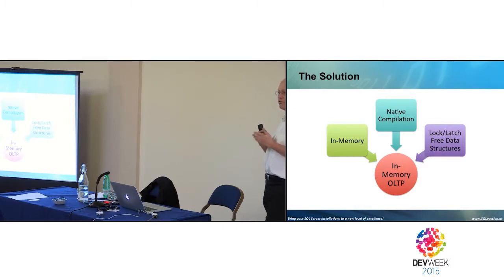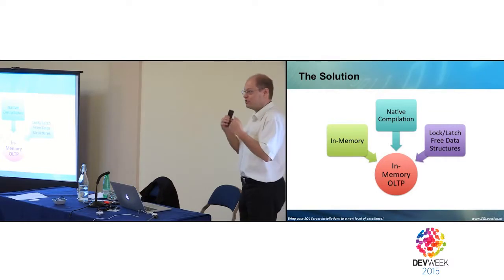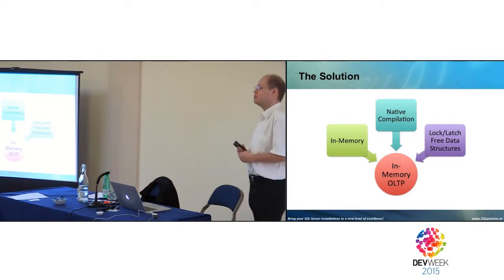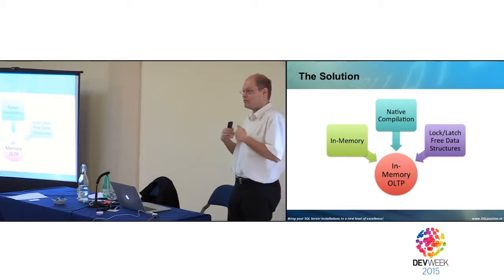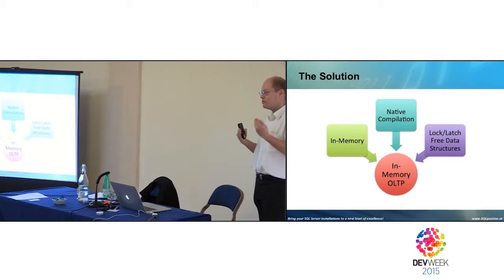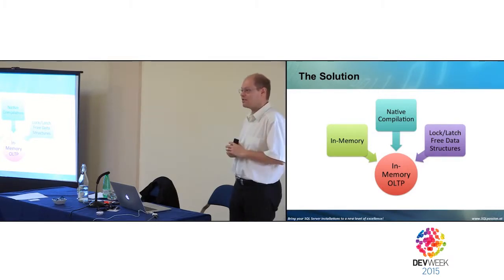We have a so-called hash index, which is based on a hash table internally, and a so-called range index, which is based on a variation of the B-tree which SQL Server normally uses for clustered and non-clustered indexes.